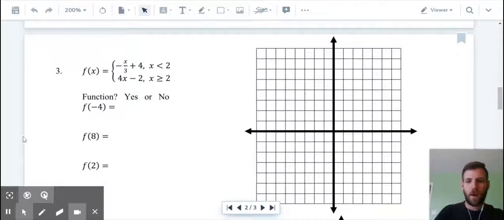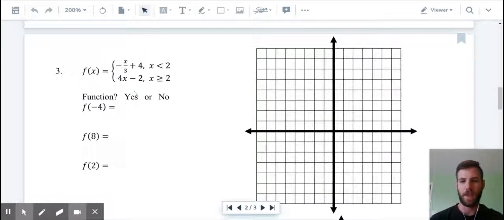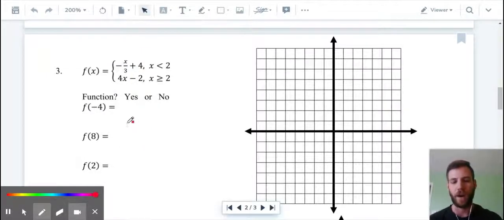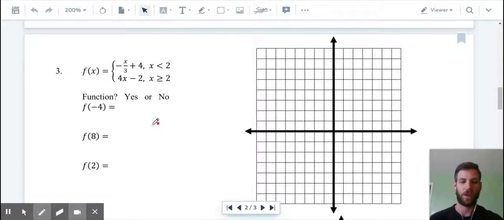We're now on question number 3. In this example, we are going to be graphing two functions again and the inequalities that go along with it as well. So let's evaluate our function first and then work on graphing it second. In this first function notation problem, we have f of negative 4. Well, negative 4 is definitely less than 2, so I would want to use our first equation.